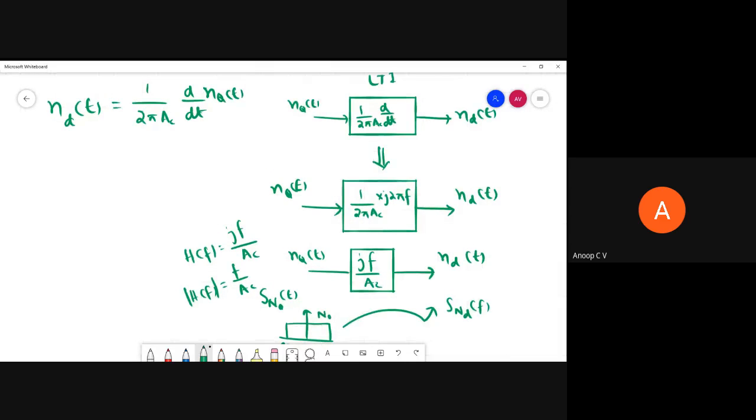The last question I asked, no one gave the correct answer, so no one will be getting 1 mark for your second internal. So this question, what will be SND of f? You should use the idea. Anyone giving me an answer? F square by ac square times the input part.